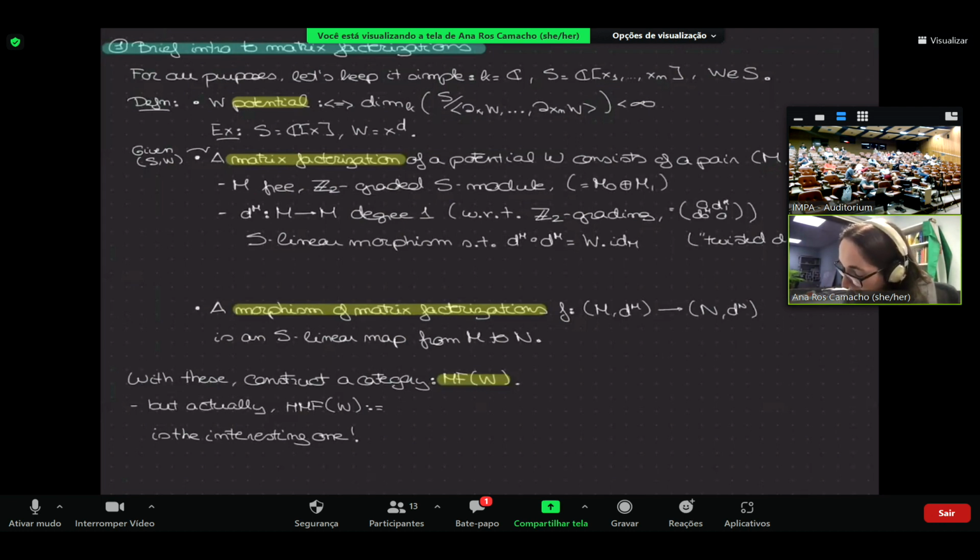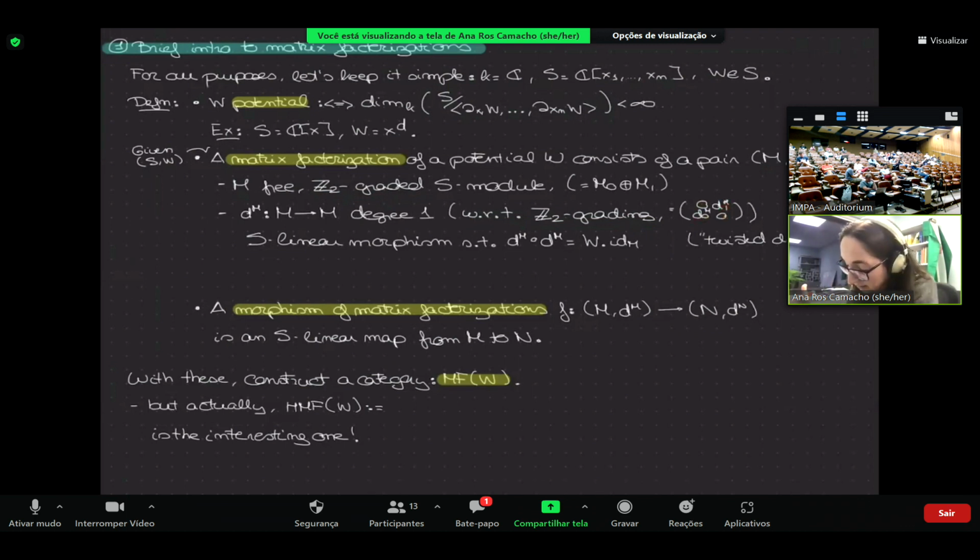And the second component, d_M, is going to be a degree 1 S-linear map, and by degree 1, I mean with respect to this Z/2-grading of M. So any morphism like this is going to be described by a 2 times 2 matrix with 0 entries in the trace and something here.